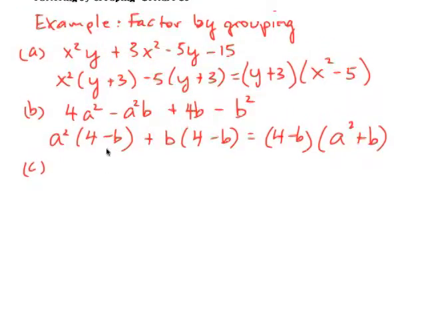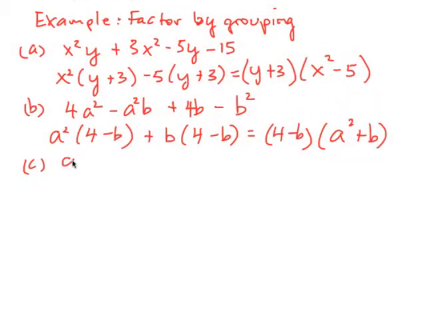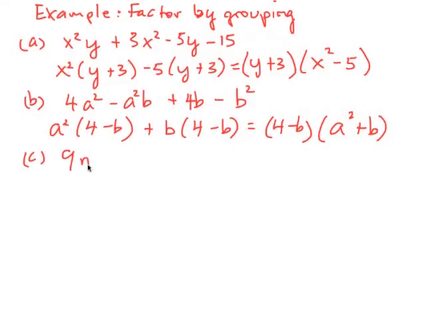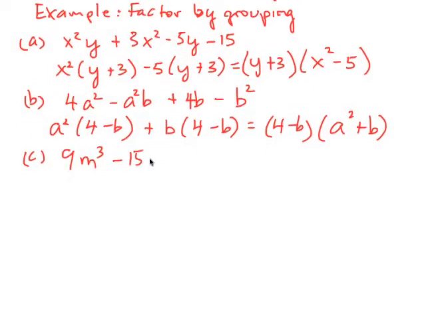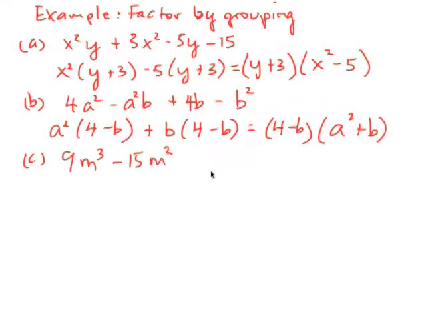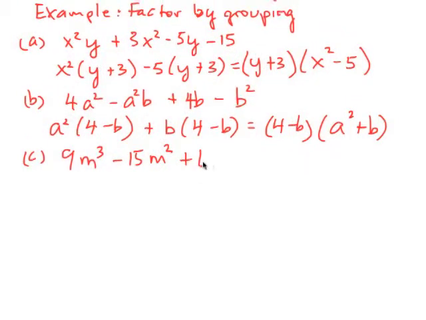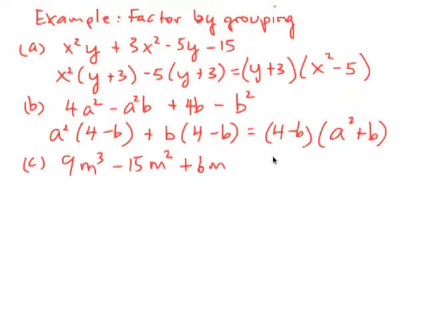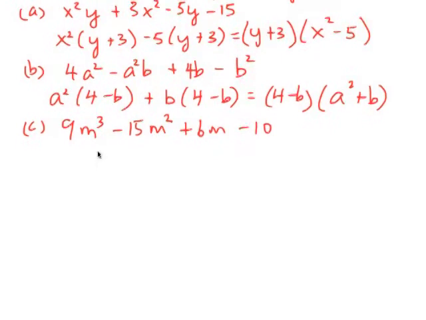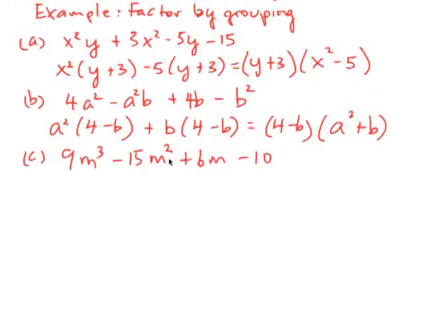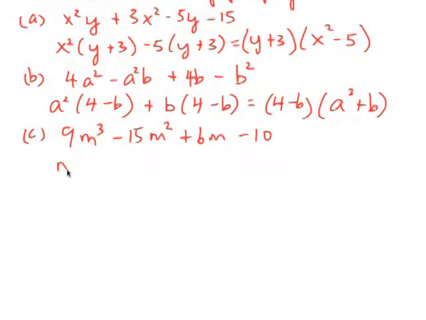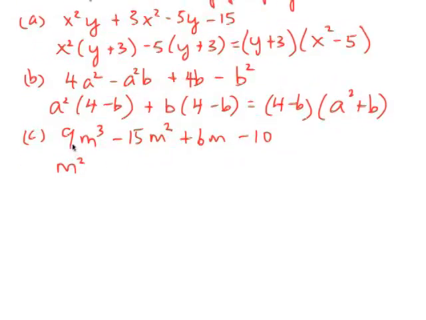Right, part C. Let's suppose that we have 9m cubed minus 15m squared plus 6m minus 10. So in this case here, what happens? Well, in these two terms we have an m squared.